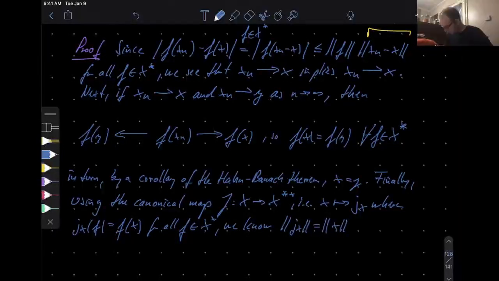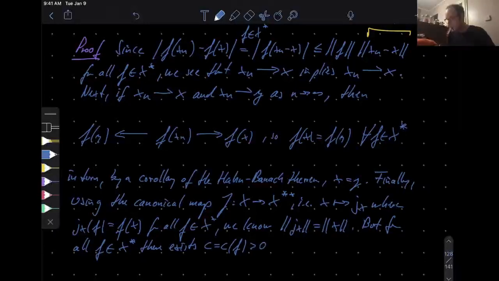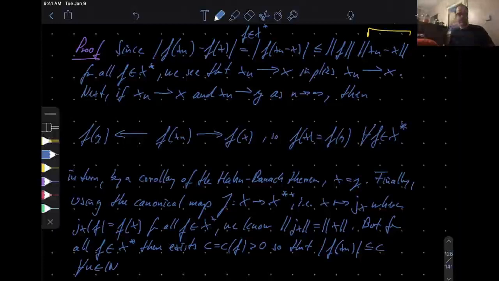Okay, so now having recalled this, for all f in the dual space there exists a constant c, which of course can depend on f, so that |f(xn)| is less than or equal to c for all n in N. And why is this? Well, because xn converges weakly to x, right?